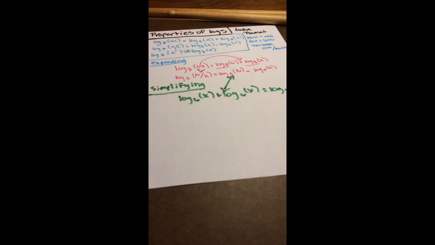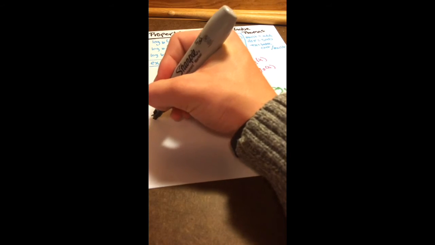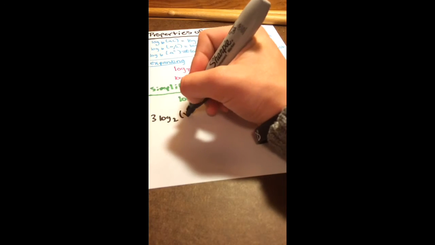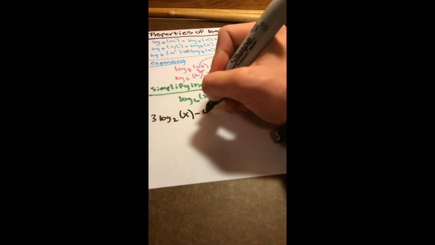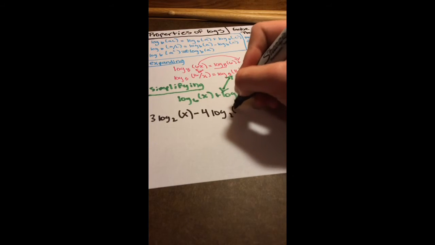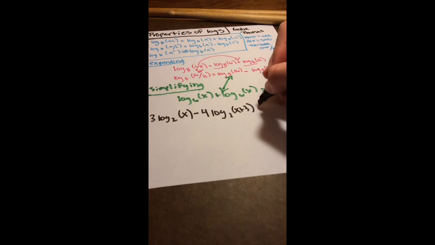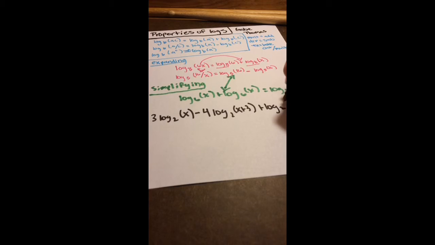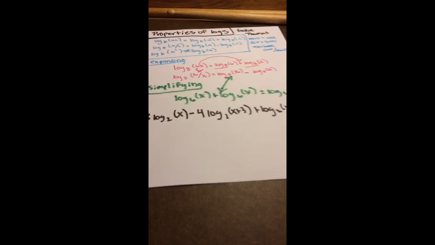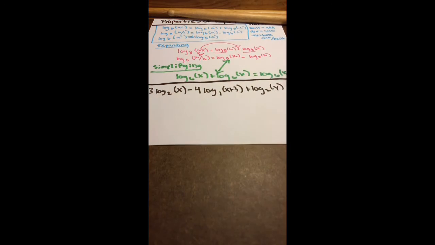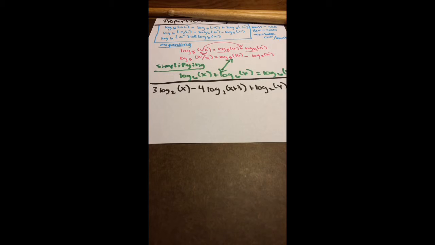Let's do 3 log base 2 of x minus 4 log base 2 of (x plus 3) plus log base 2 of y. So here we've got our big long version, and what we're going to do now is just simplify it into one smaller version.